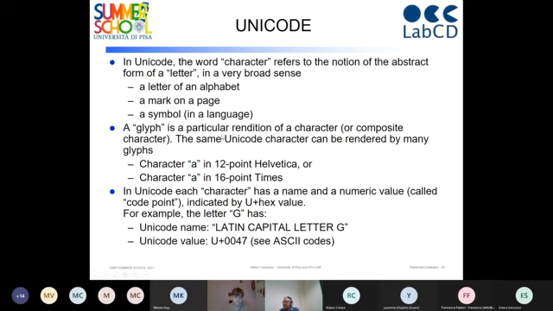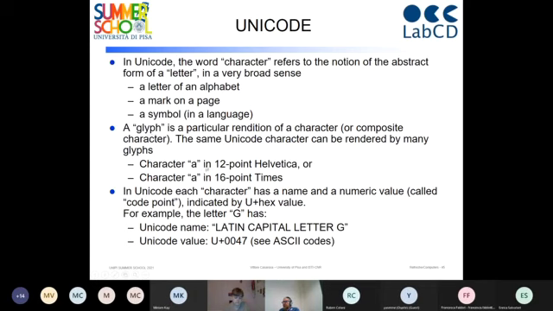And the idea is to decouple the symbol from its graphical representation. So you have one symbol in Unicode that can be represented in many different ways that are called glyphs.